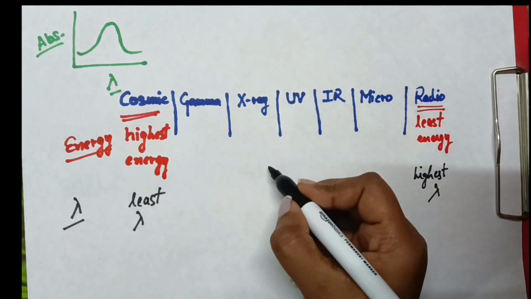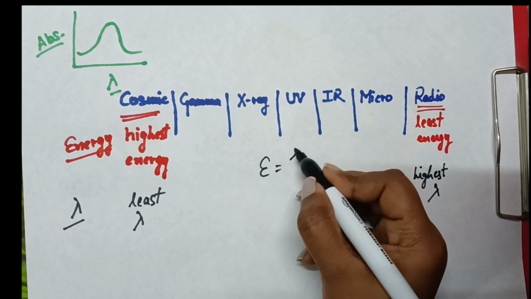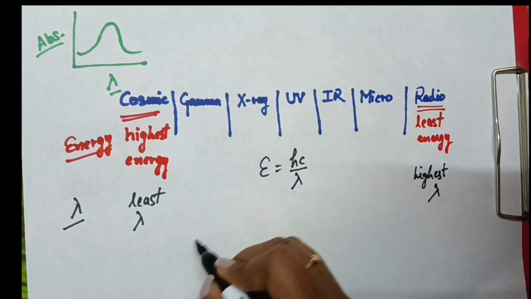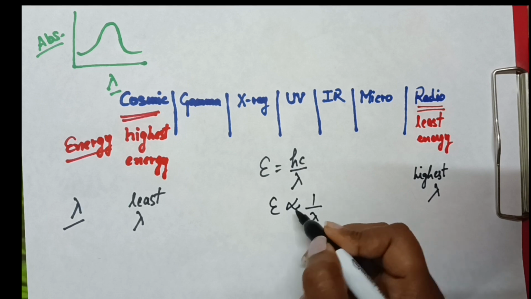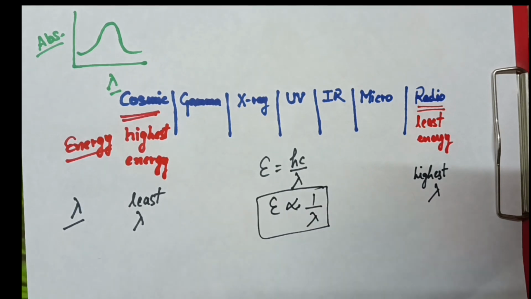Why is this so? Because we know the formula E equals hc by lambda. From here we know E is inversely proportional to lambda. If energy is highest, then wavelength will be least. This we have discussed already in molecular formulas and structures.